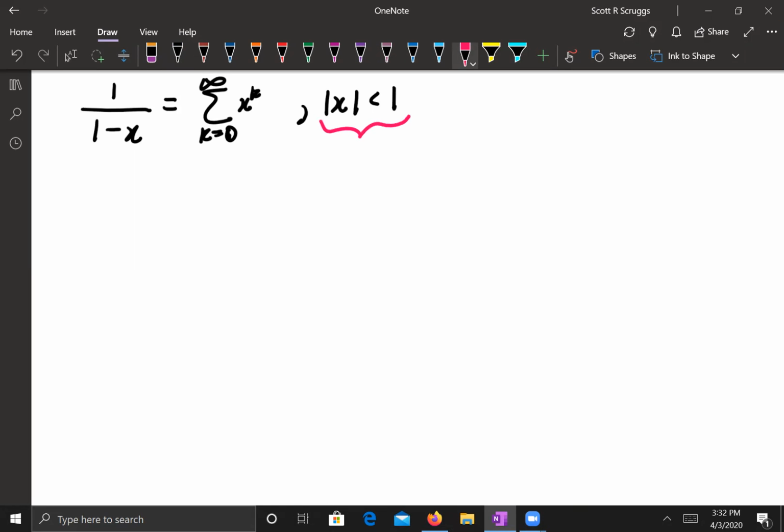The reason why that's the case is, remember, the radius of convergence is 1, and the interval of convergence for that one was -1 to 1. And the reason why I conclude that is because that's how I conclude convergence for a geometric series.